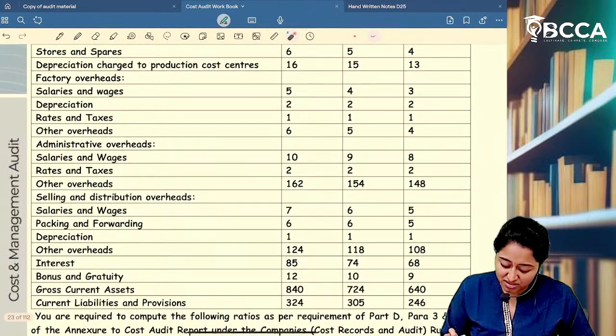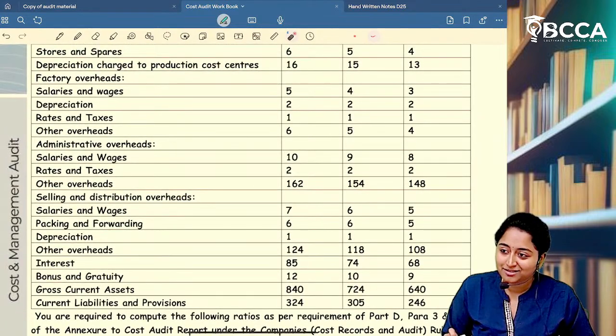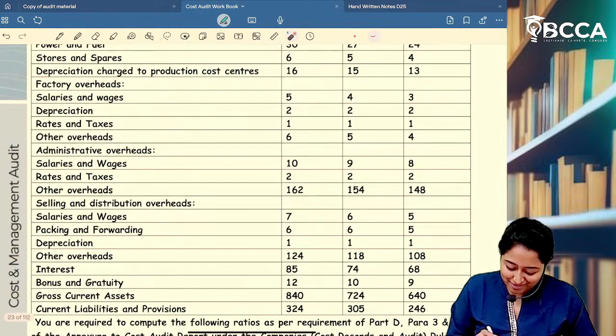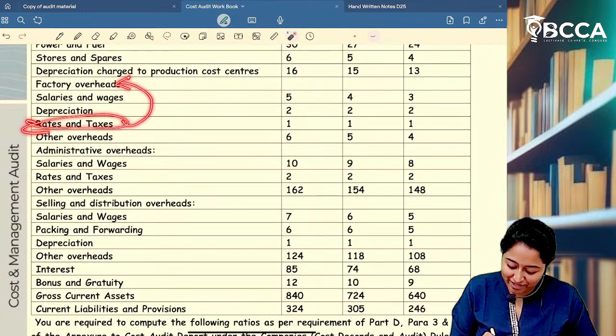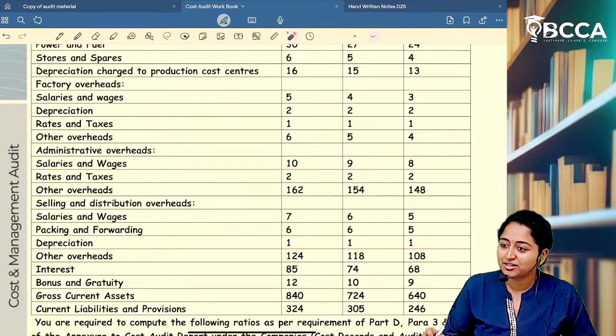Rates and taxes? Rates and taxes, here it is given under factory overheads. Here it is given under administrative overheads. Okay?